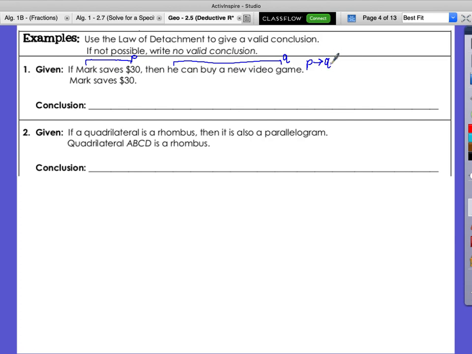Mark saves $30. Is that telling us the hypothesis is true? Yeah. So we're told if P then Q, and we're told the hypothesis is true. According to our law of detachment, what can we say is now true? The conclusion is true, that Mark can buy a new video game. Our conclusion is that he can buy a new video game.